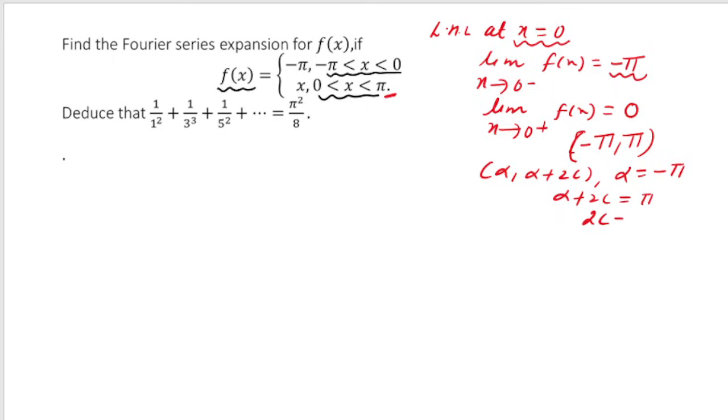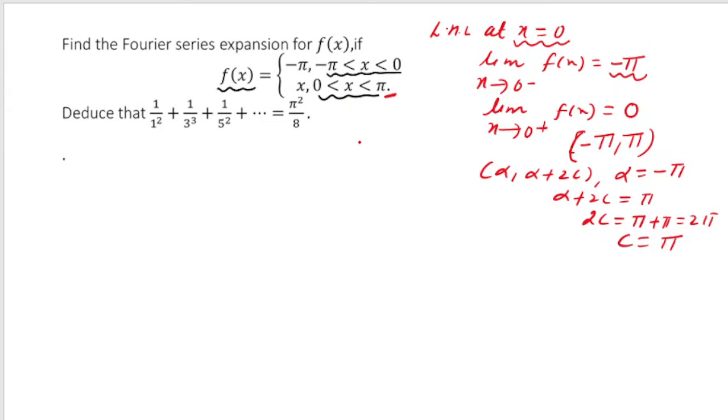So what is 2c? 2c is equal to pi minus minus pi, that is pi plus pi, equal to 2 pi. So c is equal to pi, right? I hope you realized that the length of the total interval is actually 2 pi.